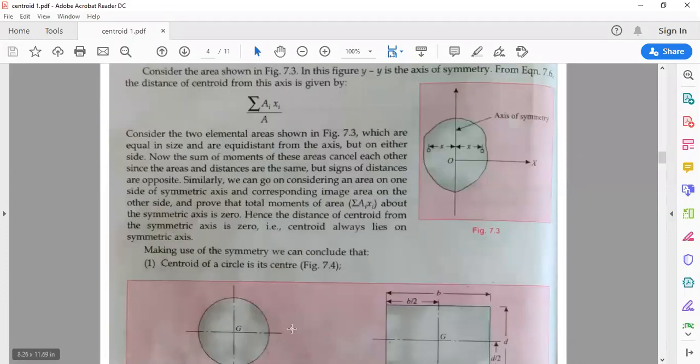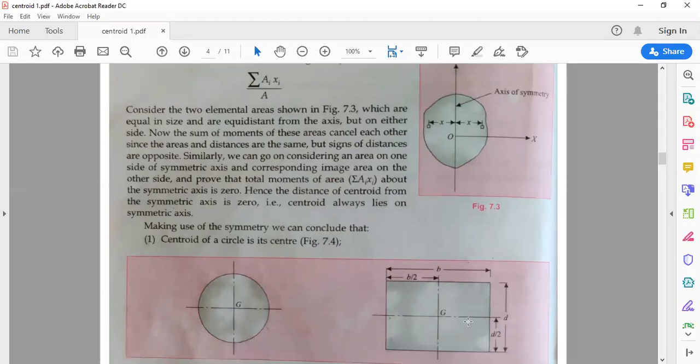Exactly at the center, take the x-axis and the y-axis: the upper portion is the mirror image of the lower portion, and if I fold it along this line, it coincides. Similarly here also. So whenever axes of symmetry exist, the centroid lies where those two axes pass. Here also it is the same thing, b/2, d/2, exactly at the center.